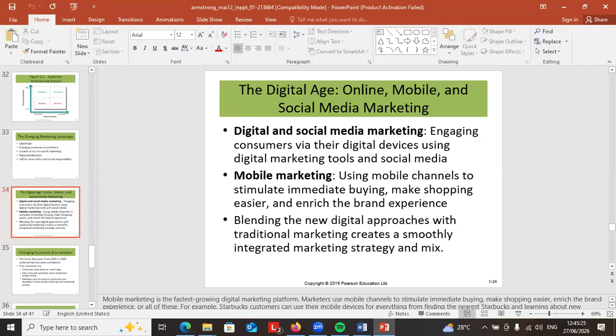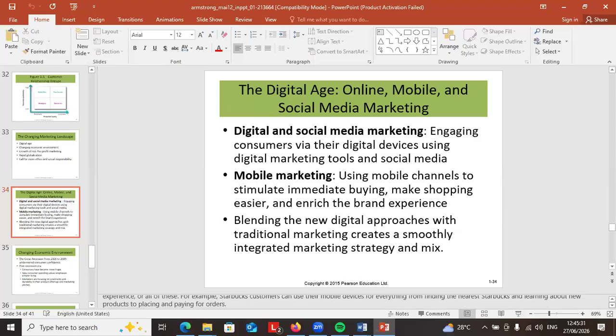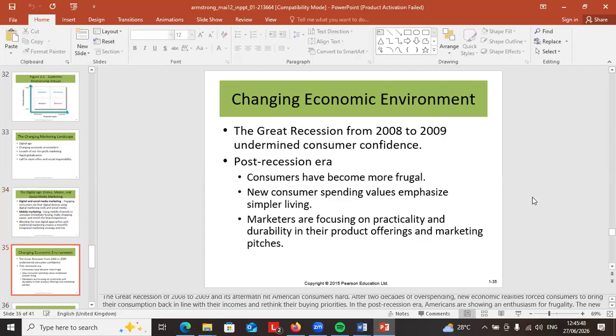For example, Starbucks customers can use their mobile devices for everything from finding the nearest Starbucks and learning about new products to placing and paying for orders. Malcolm does the same thing. In fact, most shops and restaurants in Ghana perform similar actions.